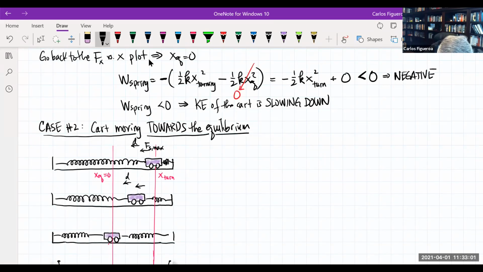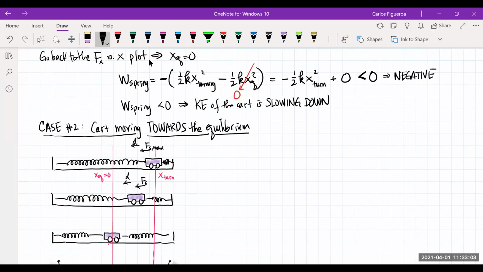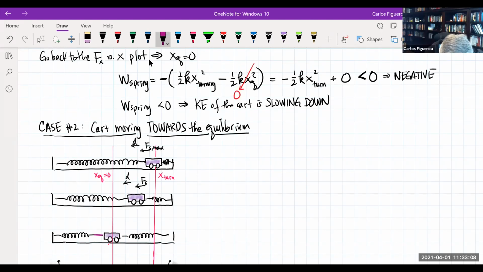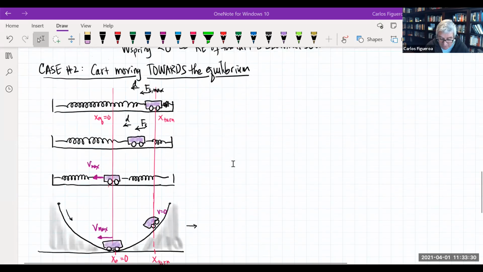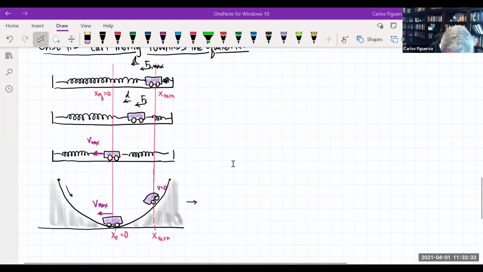The force and the displacement are moving in the same direction. And so when I get to here, I have V max. And because I have V max, I can see from this picture that of course it's doing that. Where's my mouse at? Here it is. Exactly like we would expect here.